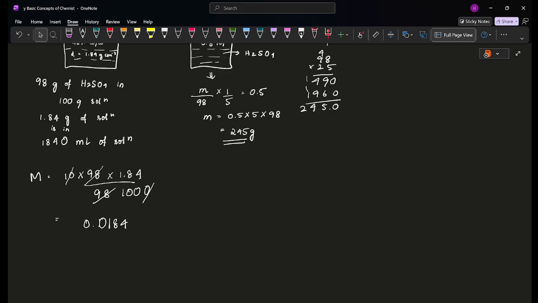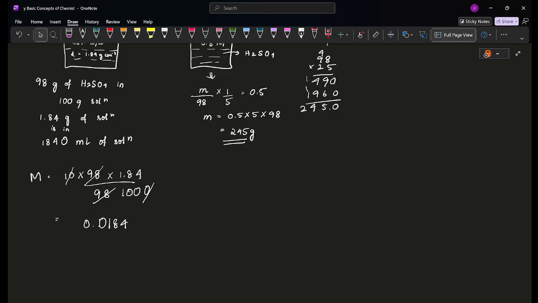I don't get it, but they've used the dilution formula, which is M1V1. Okay, molarity also they've gotten the same. They've literally used the dilution formula and made it really simple. Okay, let me quickly check.